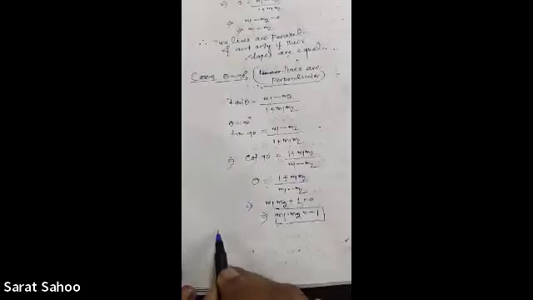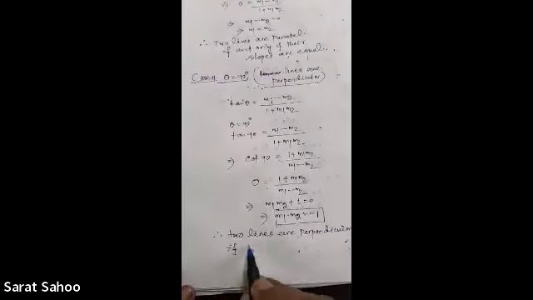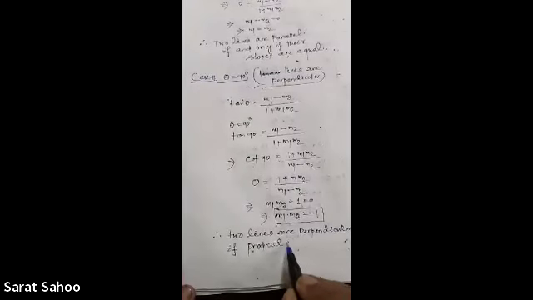Those two lines are perpendicular if product of their slopes is minus 1.